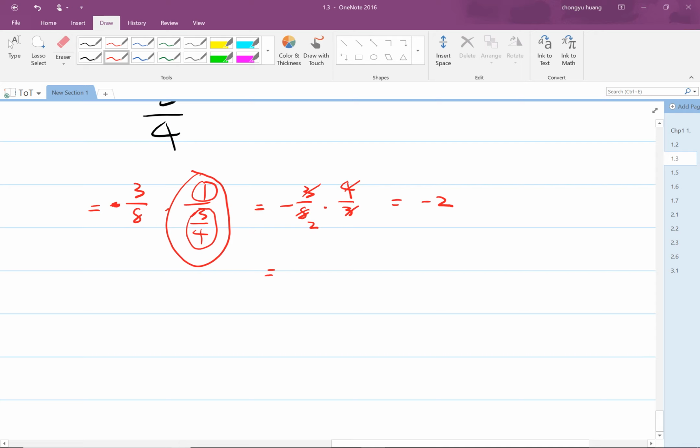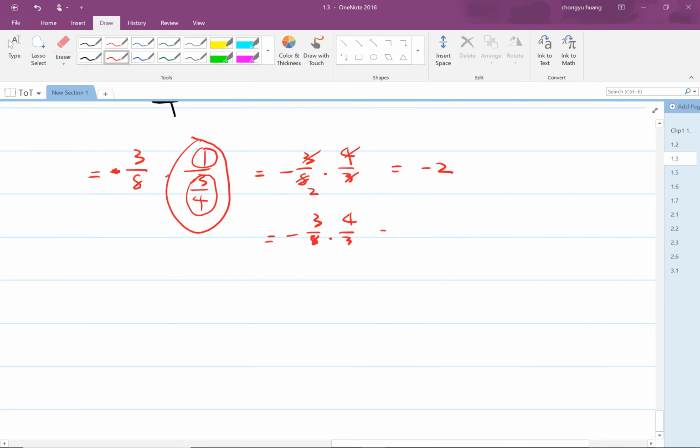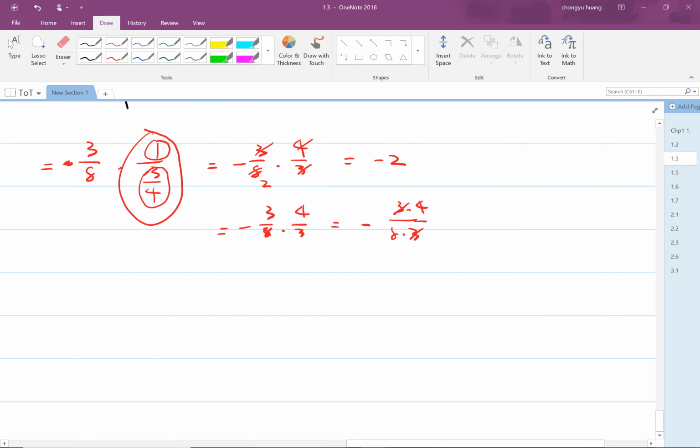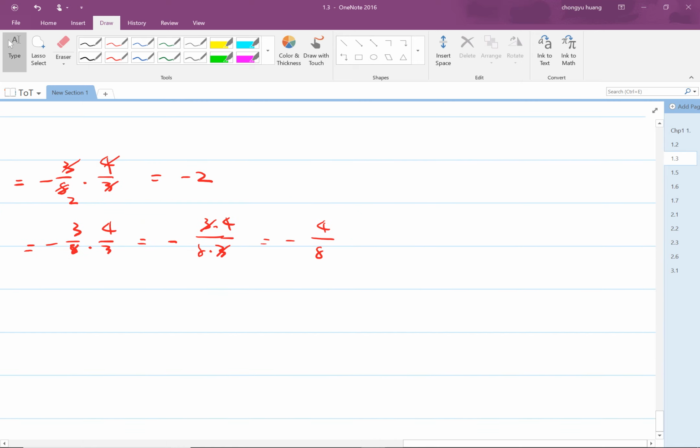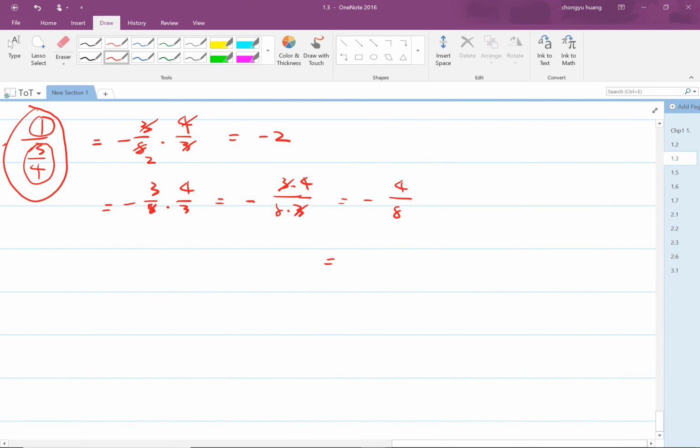So let me show you the full details about how you actually do it. Okay, so if you cannot see it, then you have to do the complex way, right? So you know the answer is going to be negative, so you multiply them together, right? You multiply them together and you see 3 and 3, so they get cancelled, right? And then the rest just becomes 8 and 4, right? And then basically, 4 cannot change, so 4 is still 4, but 8 is actually 4 multiplied by 2, right?